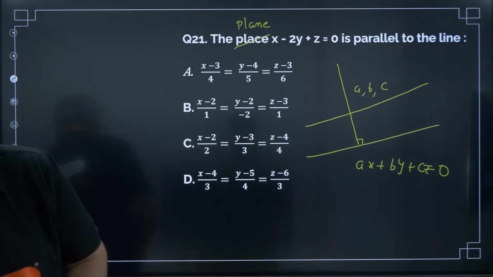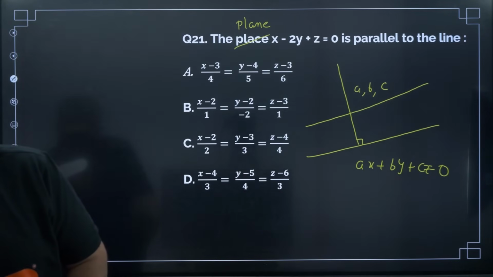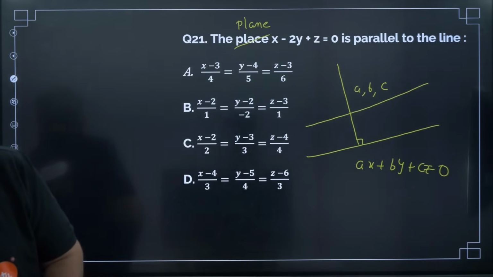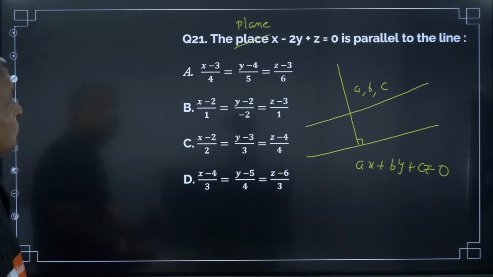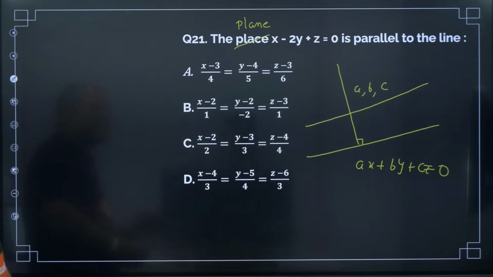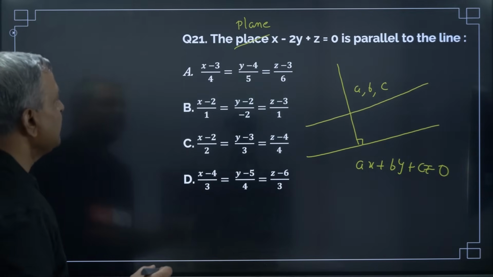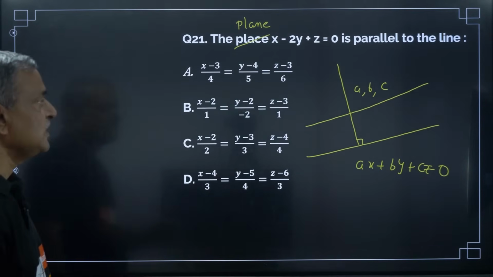The question is not given here. The plane is parallel to this line. Okay, we have to verify which line is there.